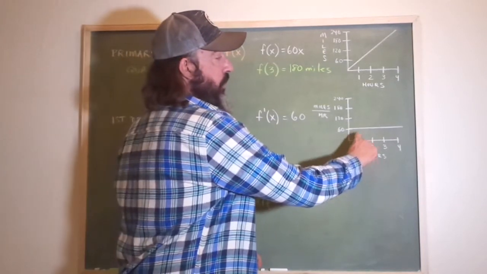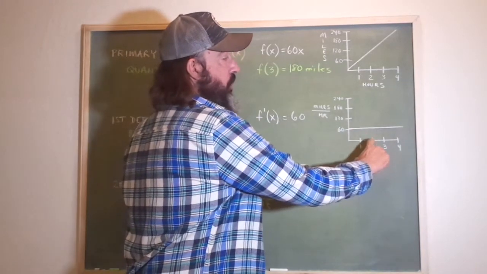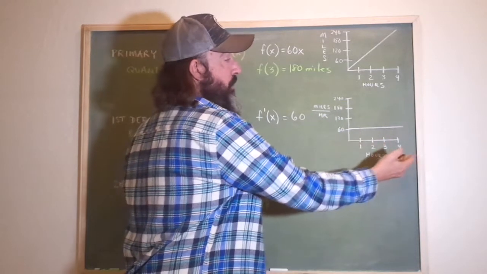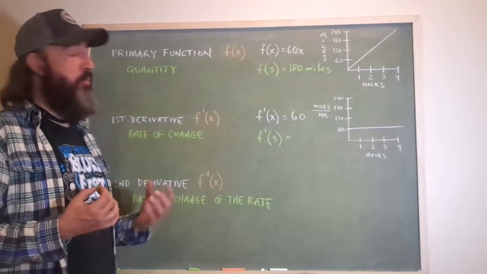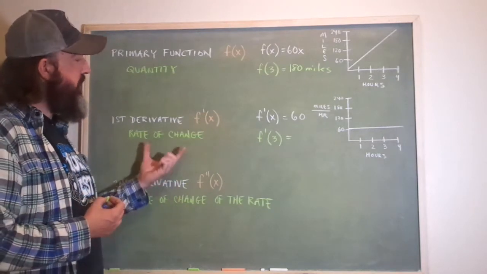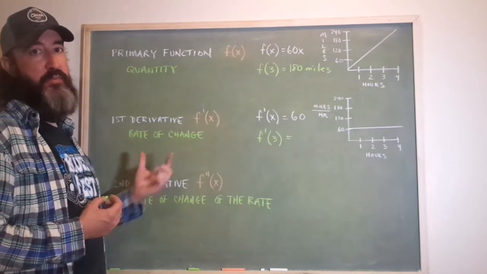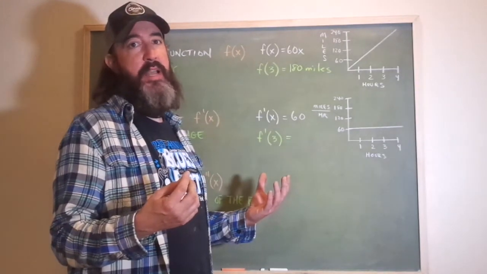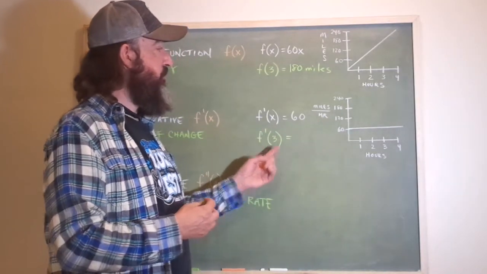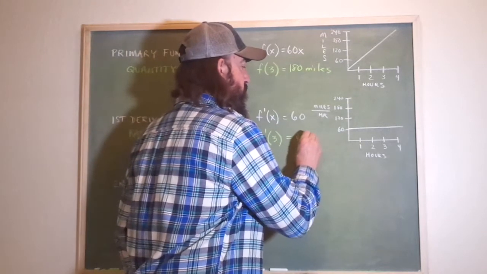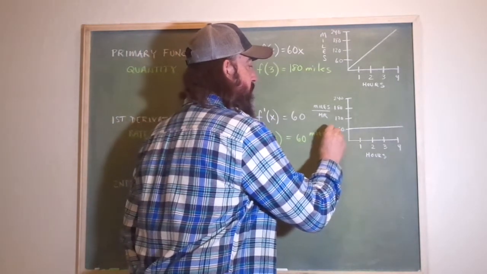At time 1, our output is 60. At time 2, our output is 60. It doesn't matter what we plug in, the output is always going to be 60. That's because the output of a first derivative is not a quantity, it's a rate. It's a rate of change. The output of the first derivative is not miles, but rather miles per hour. I'm going to say f prime of 3, at time 3, the car is driving 60 miles per hour.